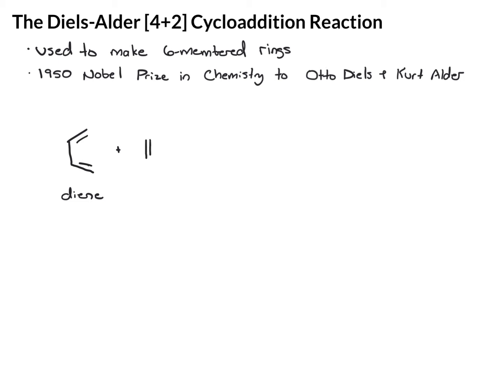I'm going to keep it really simple and just do ethylene. But this component is called the dienophile. The "phile" means it's a diene lover. So dienophiles love to react with dienes.